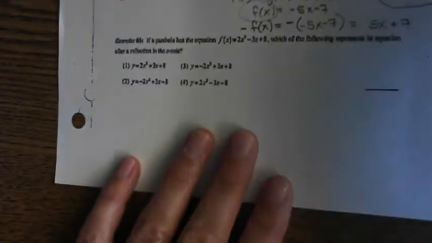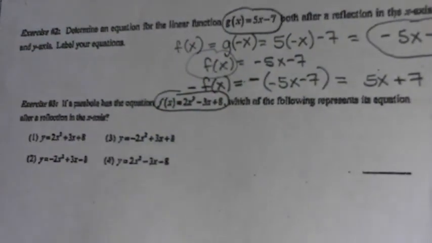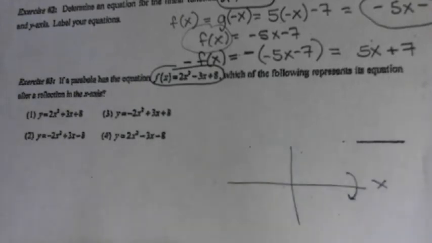All right, so next one, same skill. We have a random parabola equation. It wants us to rewrite it after a reflection in the x-axis. Let's quick think about this. If you're flipping over the x-axis, are you flipping horizontally or vertically? Vertically. So does the negative go inside or outside?